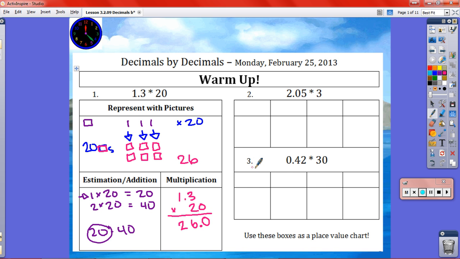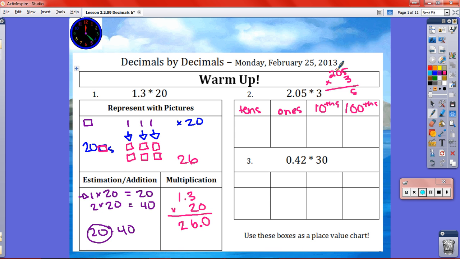Then I can move on to the place value version of doing this. So I'm multiplying 2 5/100 times 3. My lowest place value is hundredths. I also have some tenths. I mean, technically I don't, but I have space for tenths. And I have ones, and then throw tens in just in case. So what we end up with is 205 hundredths times 3.